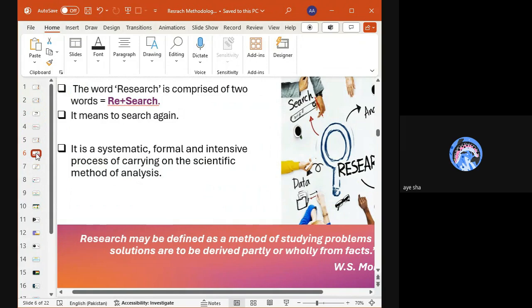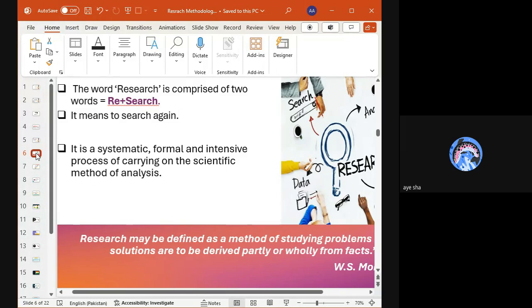It's a systematic, formal and intensive process of carrying out the scientific method of analysis. Now, scientific method does not mean that you are only using laboratory tools, or dealing with something grand or a big database. No, scientific method of analysis involves small data as well.